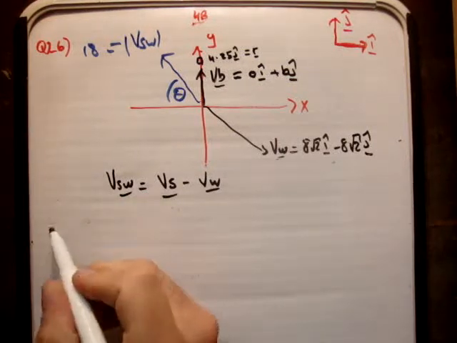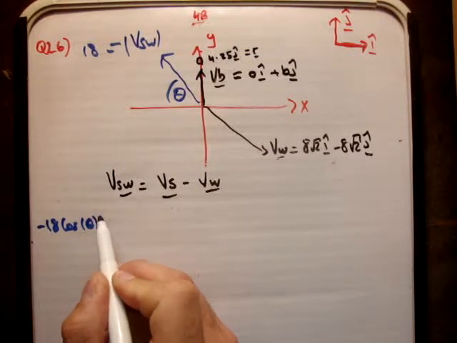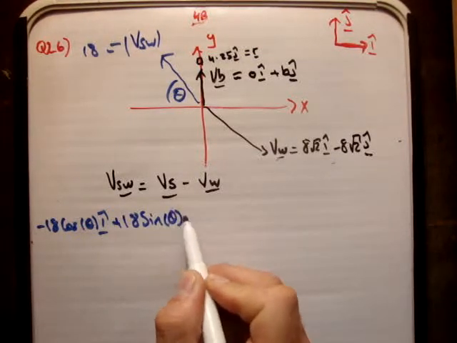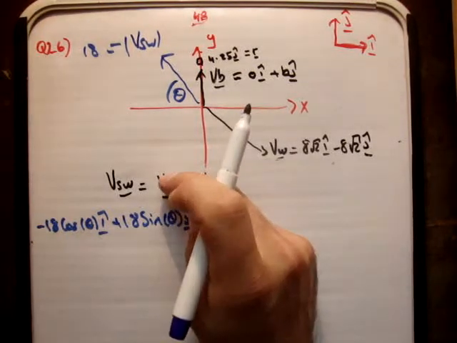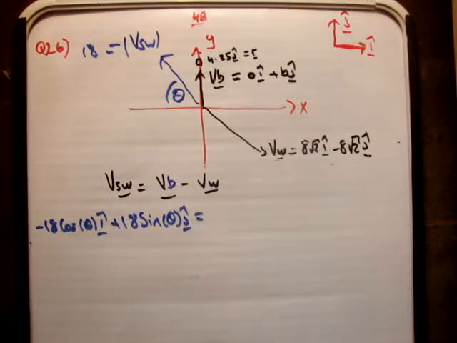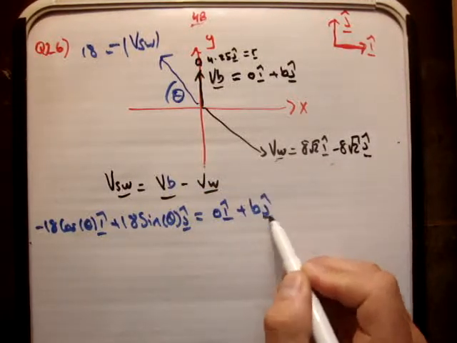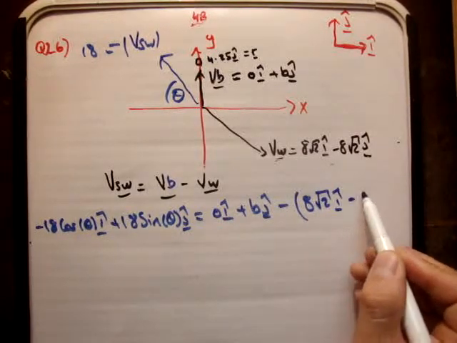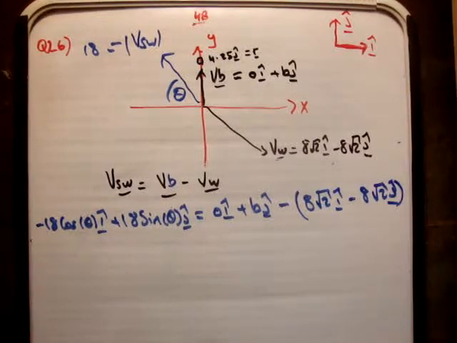Therefore, we know that negative 18 times the cos of theta i hat, positive 18 times the sine of theta j, is equal to the velocity of the boat, VB, which is 0 i hat plus b j hat, minus 8 root 2 i minus 8 root 2 j, like so.